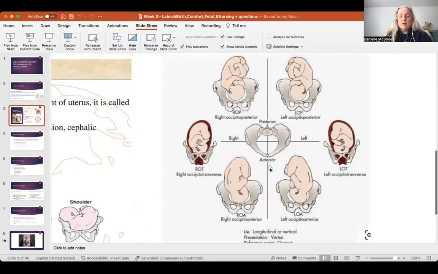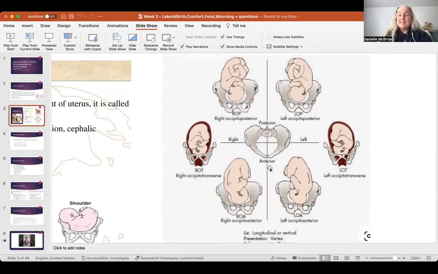One thing that's really important is how our baby is in position in relation to the pelvis. This can be a little bit confusing. We determine it based on the occiput of the baby, which is the back of the head, in relation to mom's pelvis.